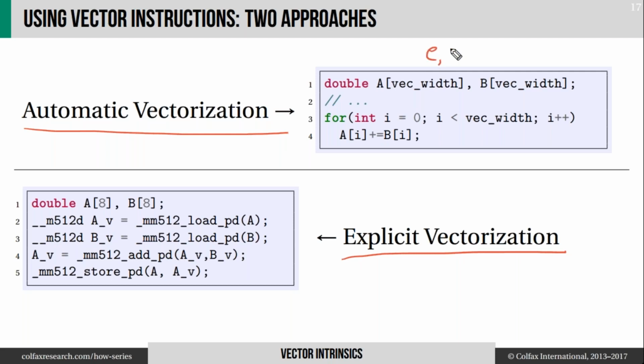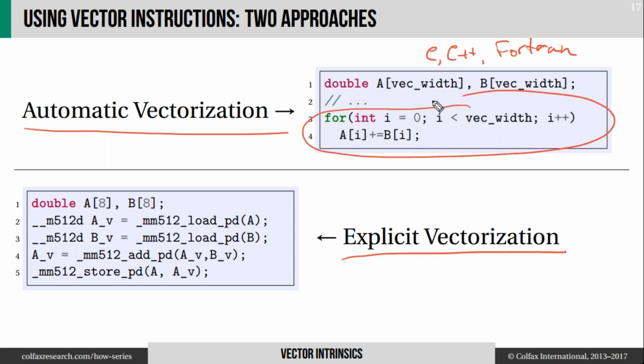So whether you use C, C++, or Fortran, your job as the programmer is to express your arithmetics in terms of loops that have certain properties allowing you to run multiple independent iterations of that loop at once. And this is the portable approach, because the compiler will take this code. It will lump together several values of i, and each iteration is going to be performed in its own vector lane, so multiple iterations will be performed at once in a short vector.